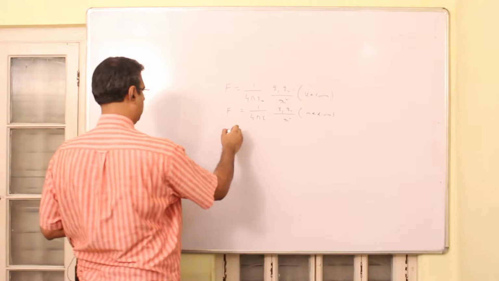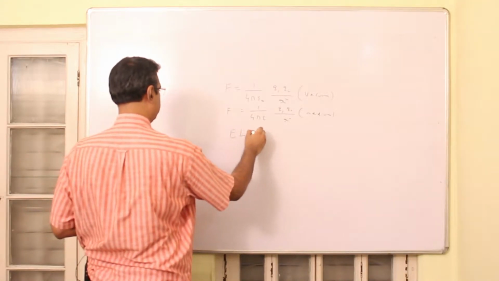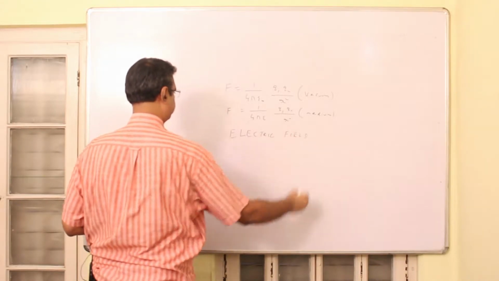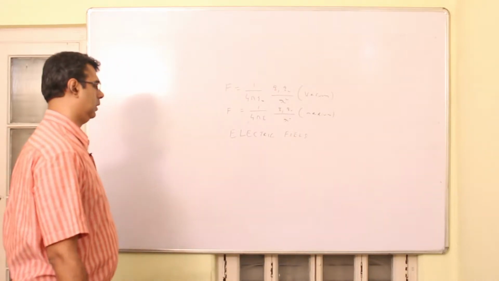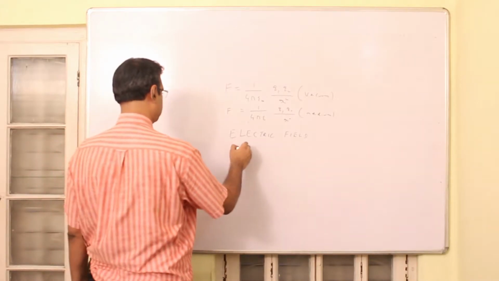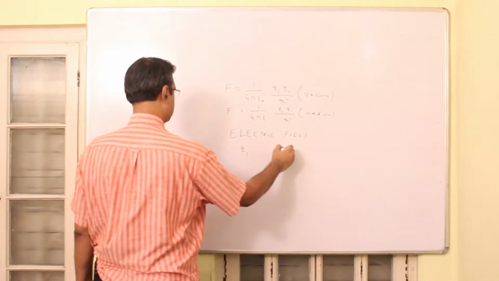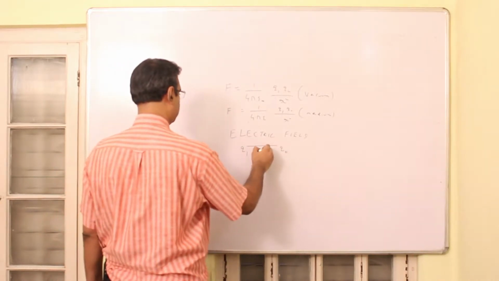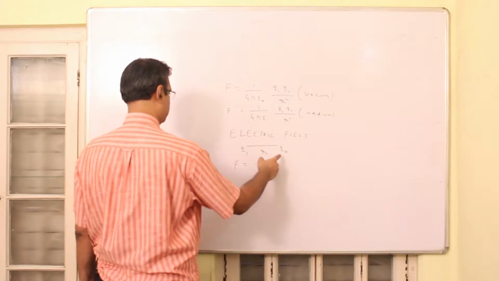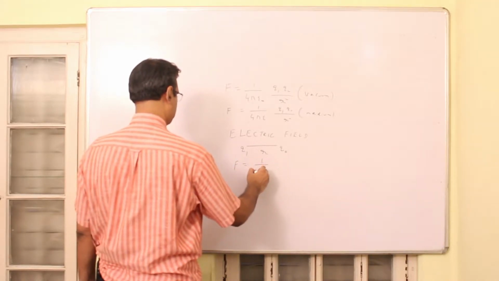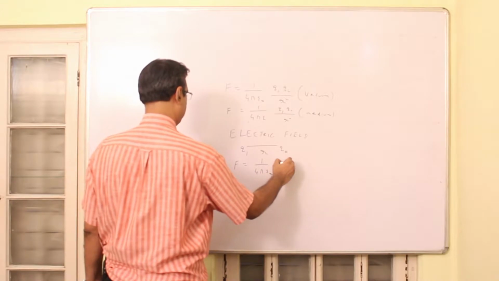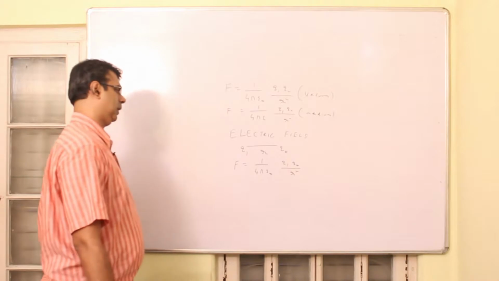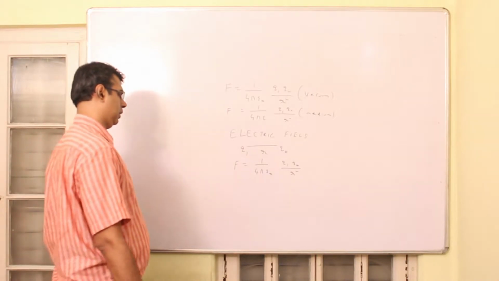Now, let us come to the next concept in this chapter, that is called electric field. Suppose you have two charges, Q1 and Q0, and the distance between them is R. So the force on Q0, we will assume vacuum, is 1 by 4 pi epsilon naught Q1 Q0 by R square.